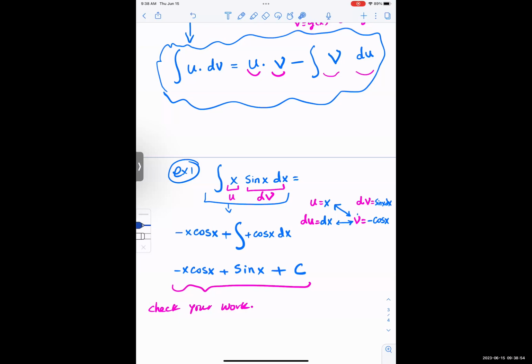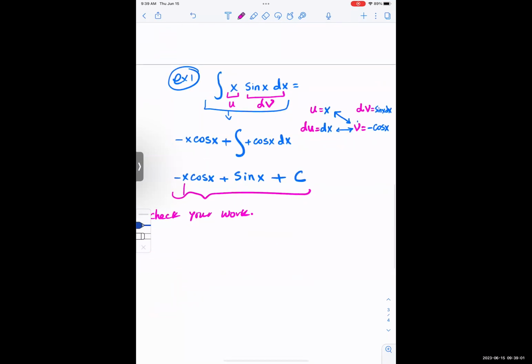Okay, let's do it together. Did you get to the original? Derivative of the first one, negative 1, times the second, plus the derivative of the second, that's negative sine, times the first, plus the derivative of sine, that is cosine.